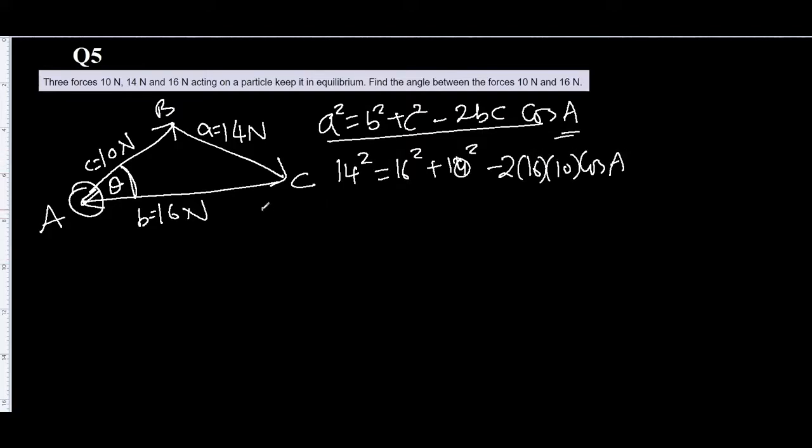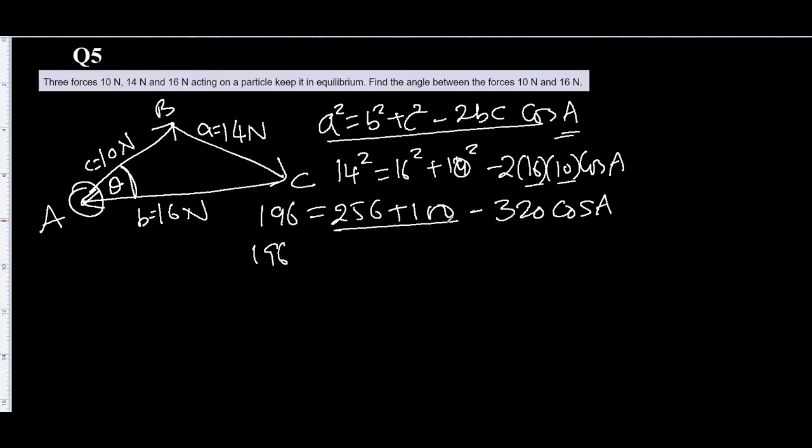Okay, 14 square is 196, equal to 256 plus 100 minus 320 cos A. Okay, 196, this is 356 on the right, so minus 356 on the left side.